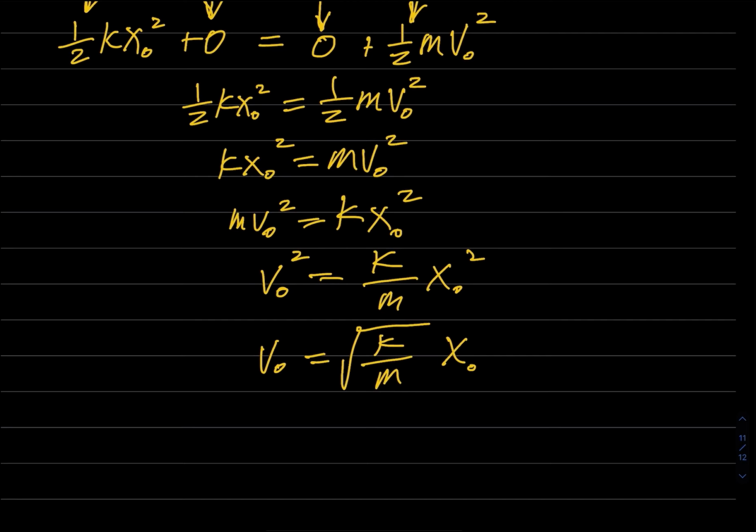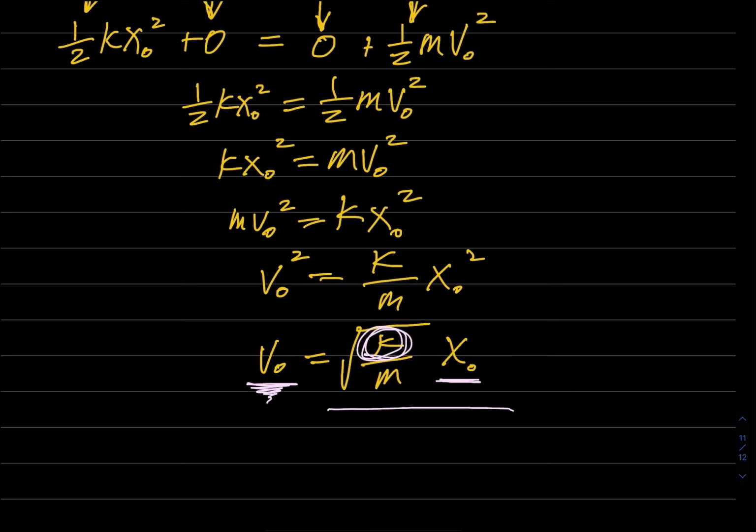And as you should do many times when you get an answer, look at it and see if you think it makes sense. The velocity after expansion of the spring is this. Well, let's see. If the spring constant is very big, then the velocity will be greater for a given distance of compression.